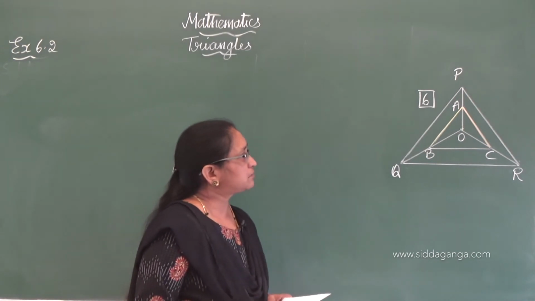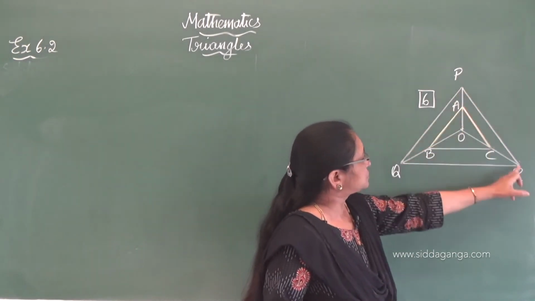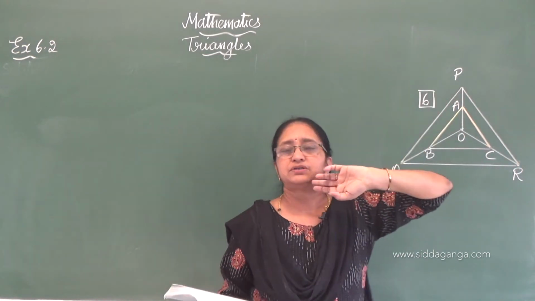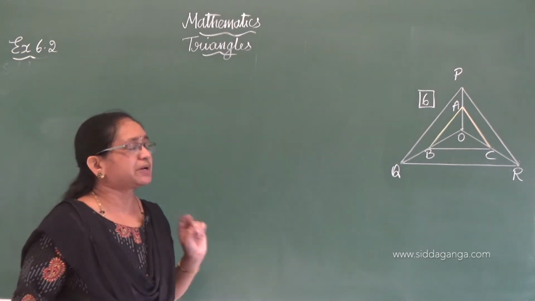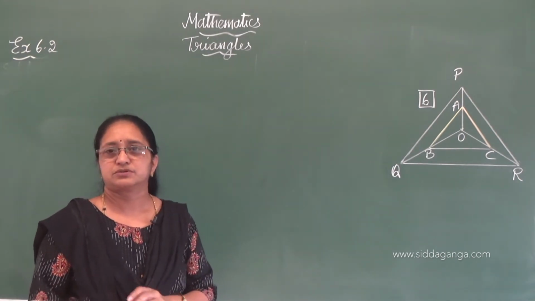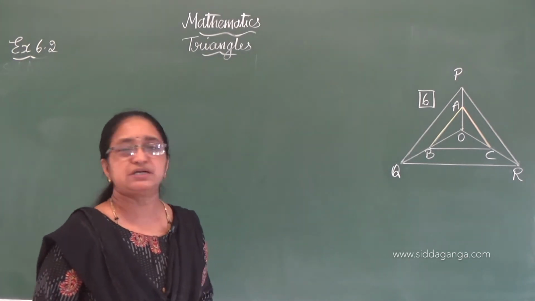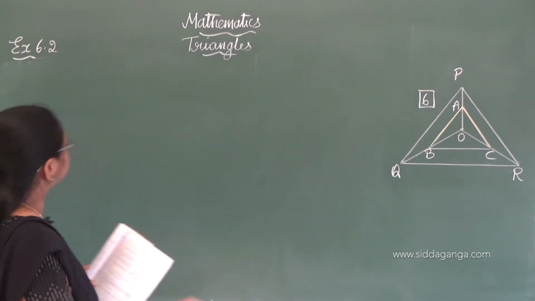See, they have given already AC is parallel to PR and AB is parallel to PQ. So with this data you can prove that BC is parallel to QR. Here we are going to use both, that is BPT as well as converse. Okay. So let me start to prove.